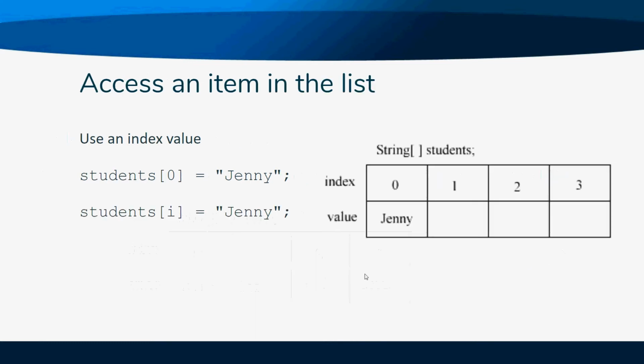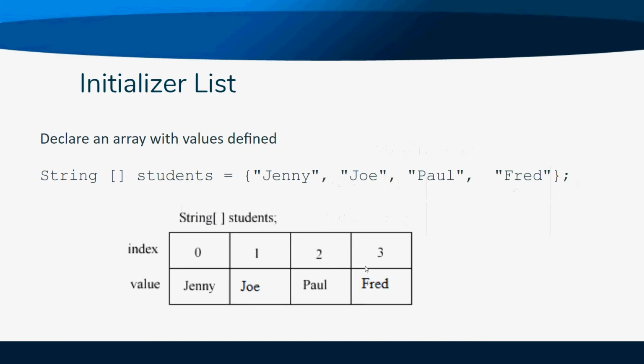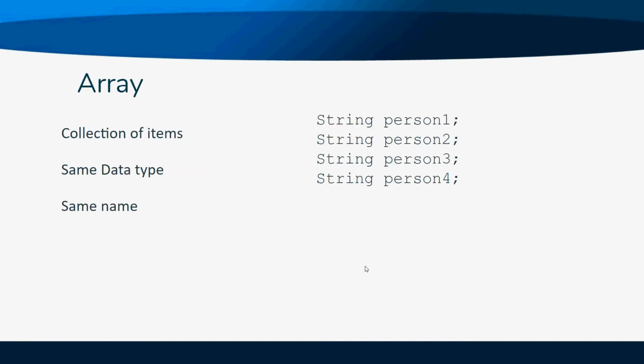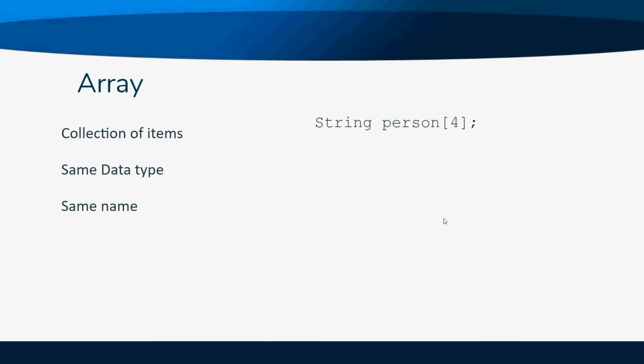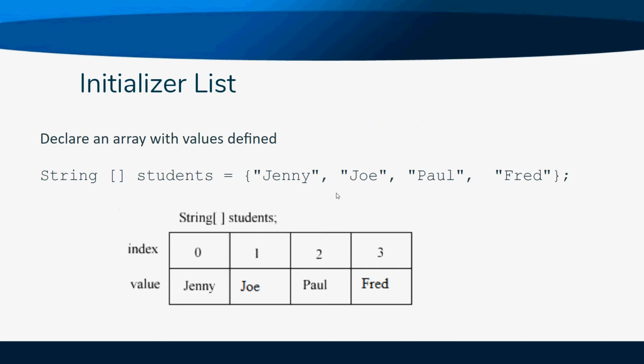Okay, there is also another use for those square brackets. The first use of the square brackets was in setting the size of your array if you're just doing a basic declaration and not an initializer list. It's also used to denote that it's an array.